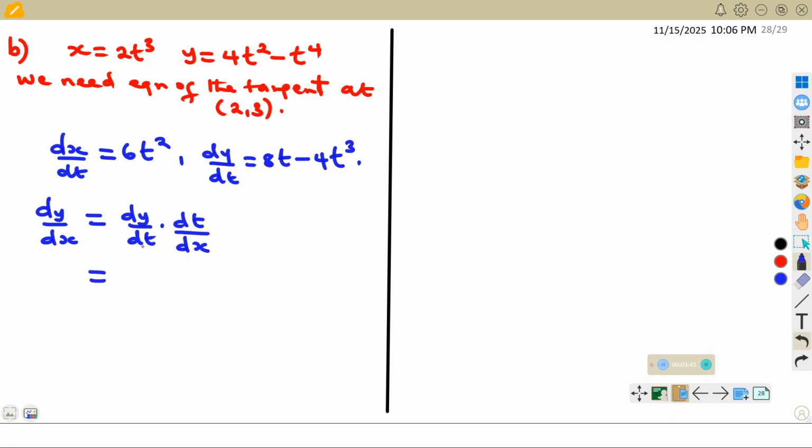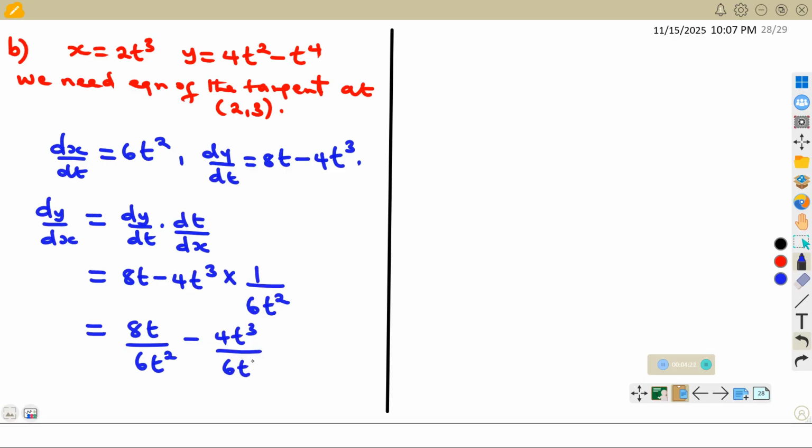What is dy dt? That is 8t minus 4t to power 3, and let us maintain the multiplication times dt dx. dt dx is the same as the reciprocal of dx dt, so that is 1 upon 6t squared. So this will give us 8t divided by 6t squared minus 4t to power 3 divided by 6t squared.